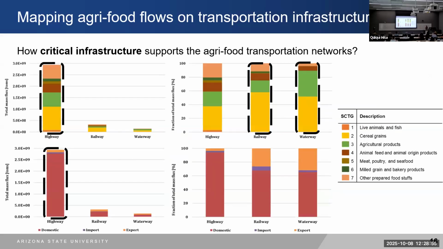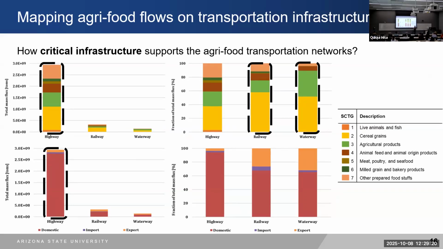But before that, we wanted to take a closer look at what the government-level FAF data looks like if we compare food transportation supported by different modes of infrastructure, and how it changes for different flows of food. Like, is the food for domestic consumption? Are we going to export that food, or are we trying to import that food?